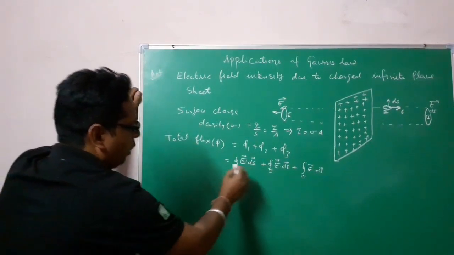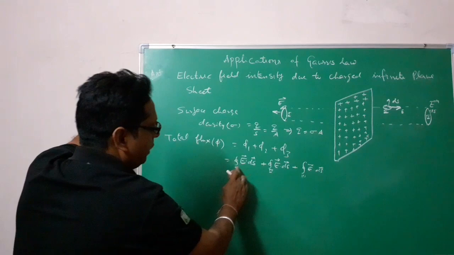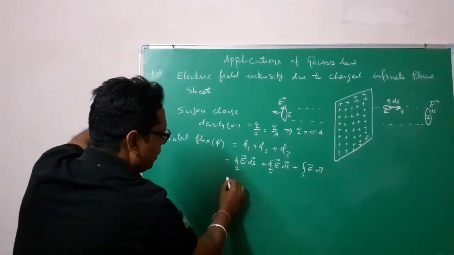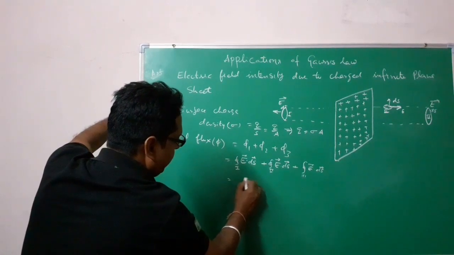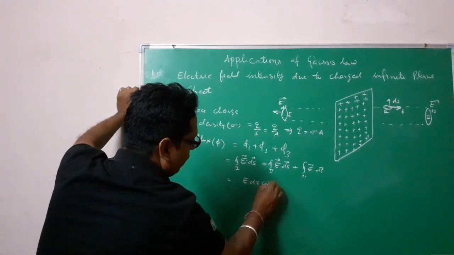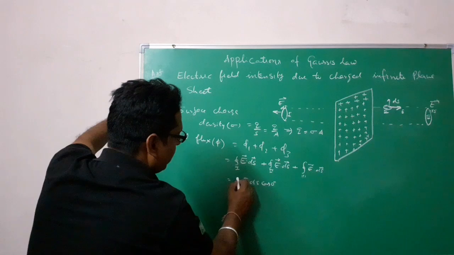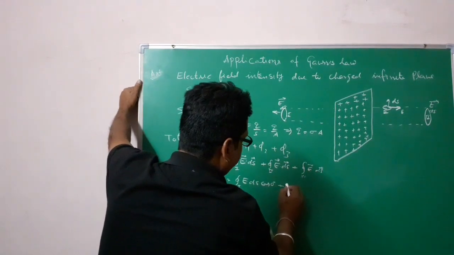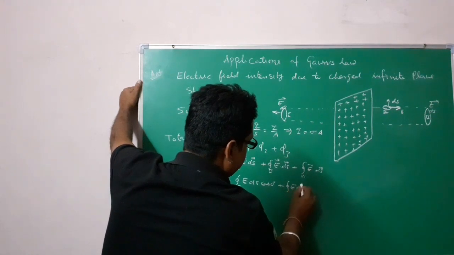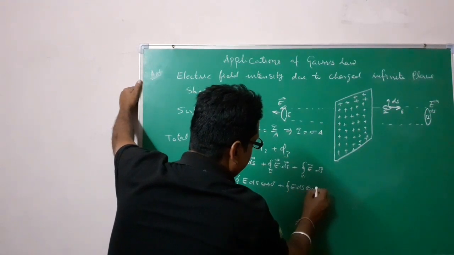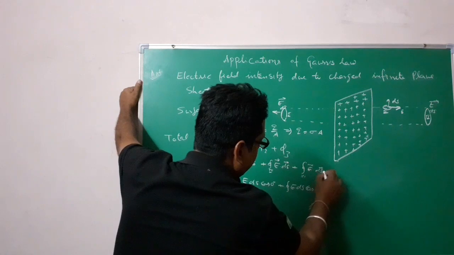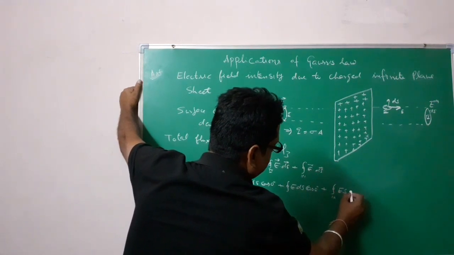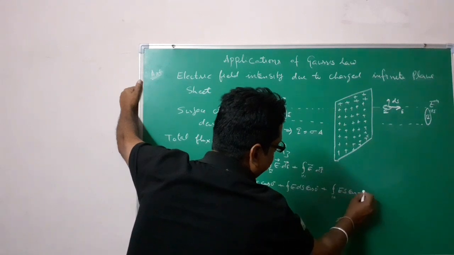Now in regions 1 and 2, E and ds are acting in the same direction. So what does it mean? It means E ds cos 0 degree. Same for the other region, E ds cos 0 degree, and in the third case, E ds cos 90 degree.